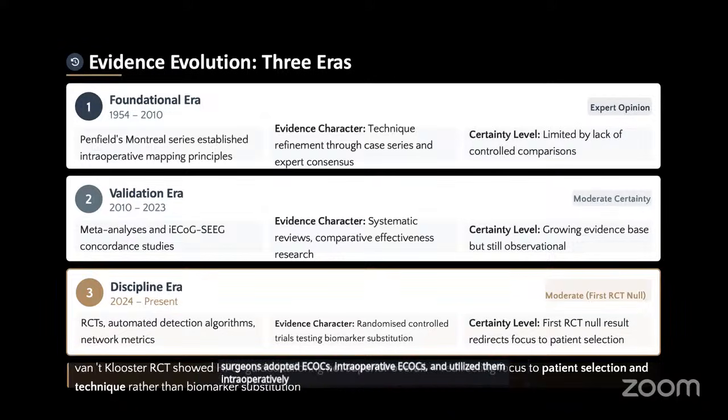And this led to a growing evidence base. And finally, in the last 3 to 4 years, there's been a lot of publications on the utility of electrocorticography and the detection of abnormal rhythms and their value in operative resections.